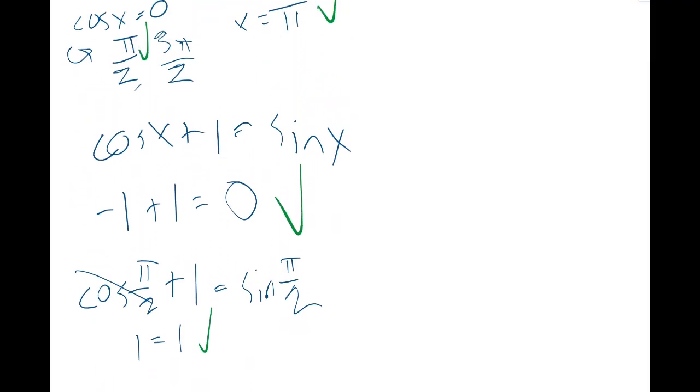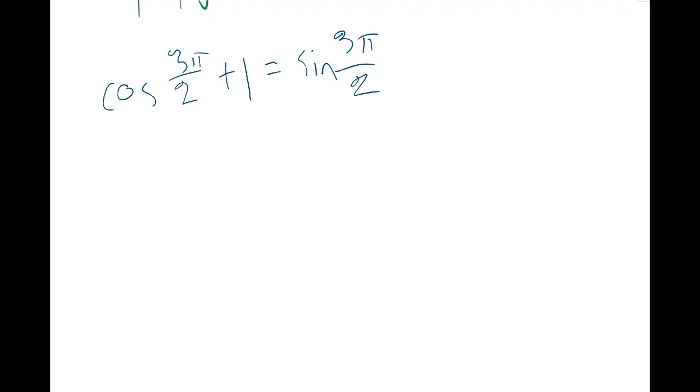But now we have one more, which is 3 pi over 2. So trying that one, we go cosine 3 pi over 2 plus 1 equals sine 3 pi over 2. Cosine 3 pi over 2 is 0.